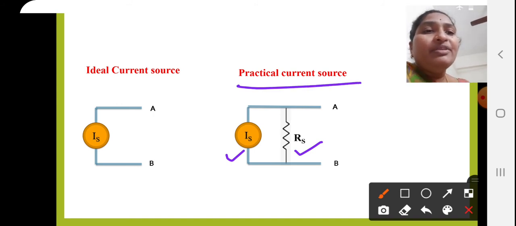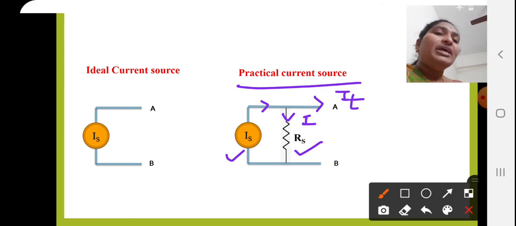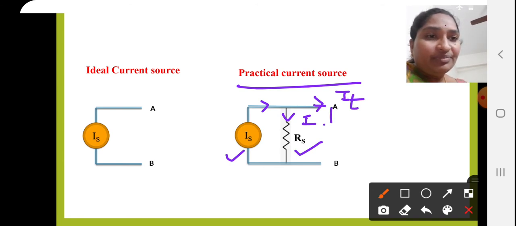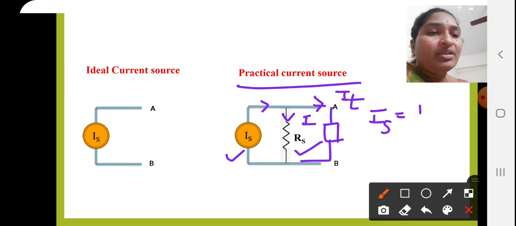If Is is the source current, I is the current flowing through the internal resistance, and It is the current flowing through the terminals, then if any load is connected, Is is equal to I plus It.